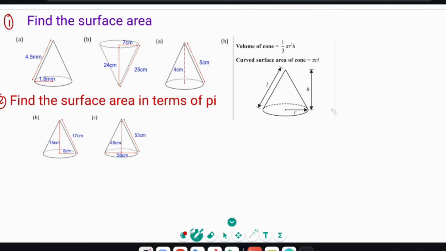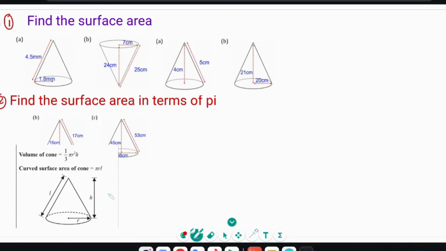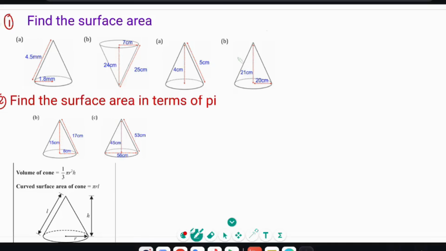I'm going to get the formula over here. So pi RL. I'm going to just do this slightly differently. That's pi RL plus pi times r squared.